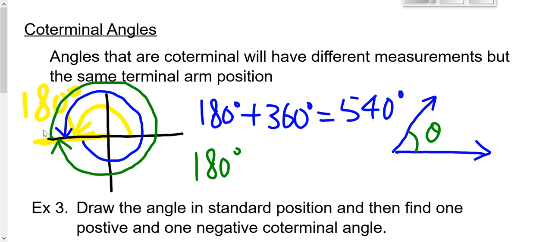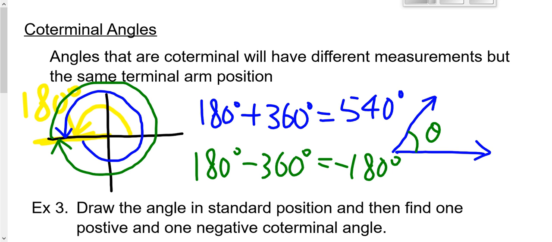This is already 180. But now because we do the rotation clockwise, the angle that we just added would be negative. What was the angle we just added? One full rotation, 360. Okay, 180 minus 360 gives you negative 180 degrees.